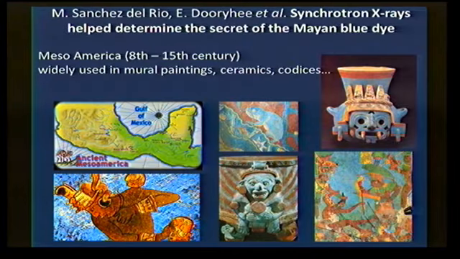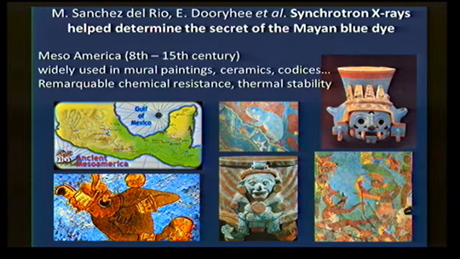So let me say a few words about Maya blue itself. These are here a number of examples where you see those frescoes and paintings and statues with this very nice blue color, well conserved. So this is a pigment which was used by the Maya people before the colonial times. And as I said before, the thing which drew our attention was the remarkable resistance of this pigment.